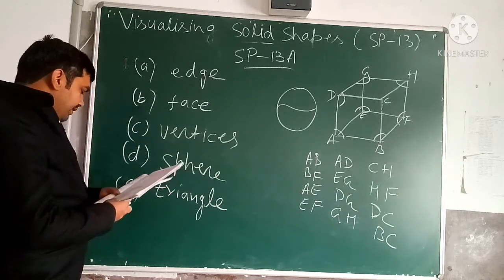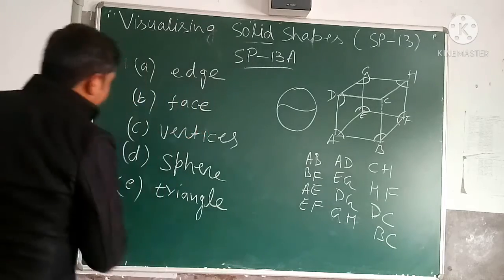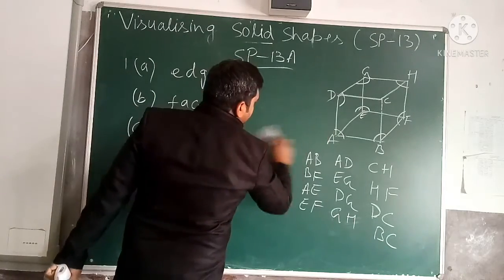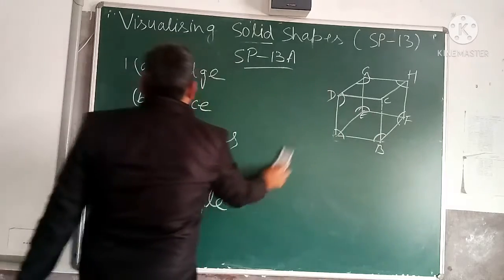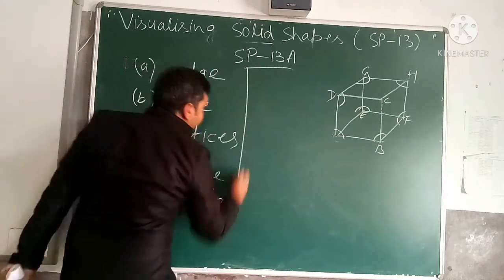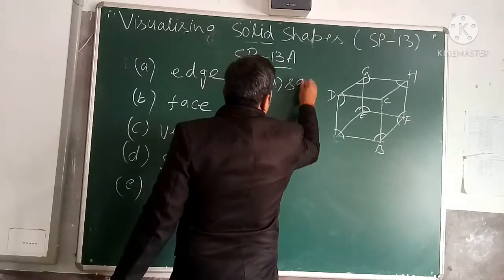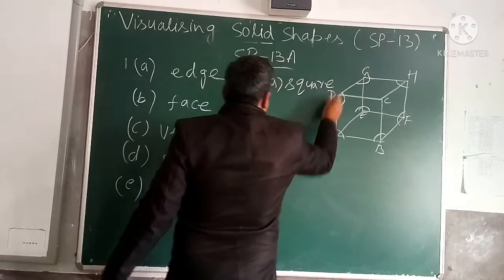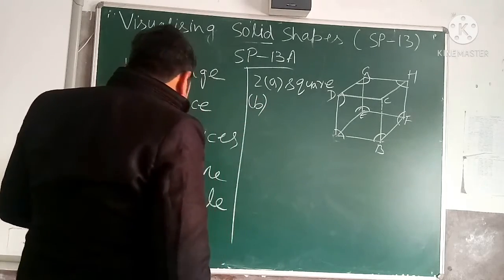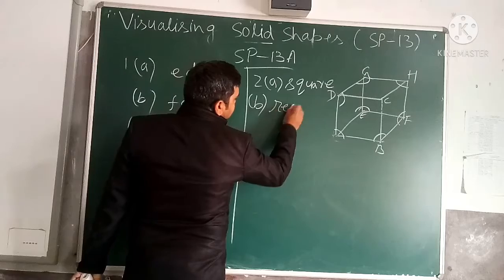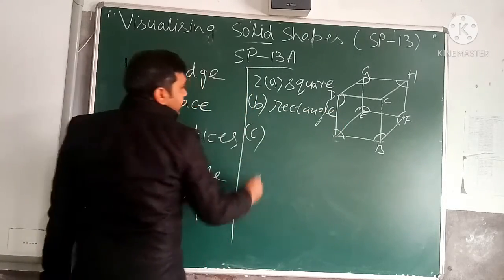Now 2A. The faces of a cube are square. Yes, the faces of a cube are square. Now 2B. The faces of a cuboid are rectangles.